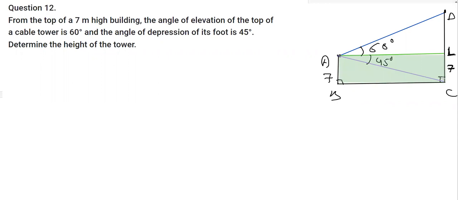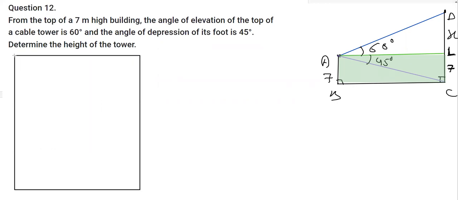Now, what is missing is DL. So I took this as X. Now let's use trigonometric ratios to determine the values. This angle will also be 90 by the property of a parallelogram.